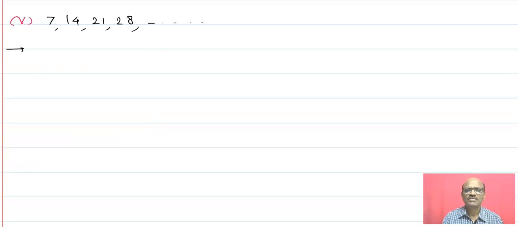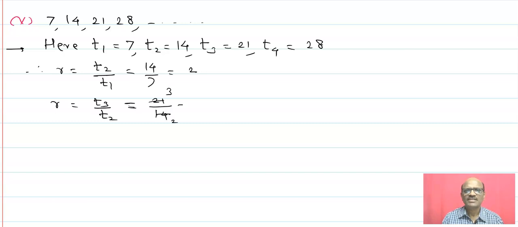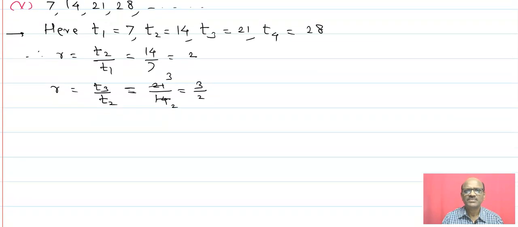Next is 7, 14, 21 and 28. Now see this, T1 is equal to 7, T2 is equal to 14, T3 is equal to 21, T4 is equal to 28. Now see this, R is equal to T2 upon T1, that is 14 upon 7, that is equal to 2. T3 upon T2 is equal to 21 upon 14, and the ratio is 3 by 2.